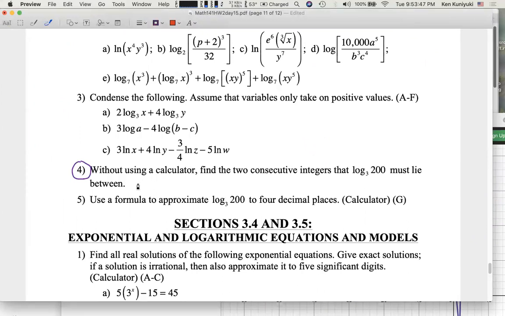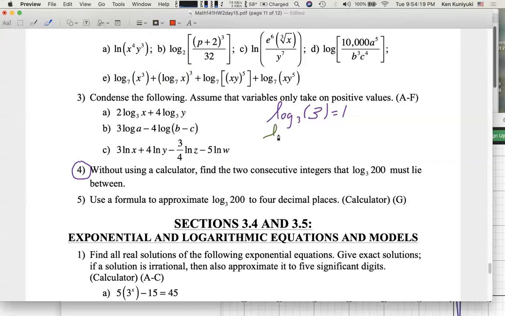All right, without using a calculator. Log base 3 of 3. What's log base 3 of 3? 3 to the what is 3? 1.